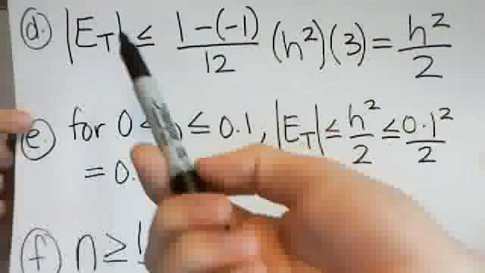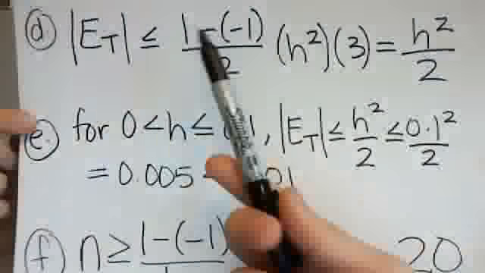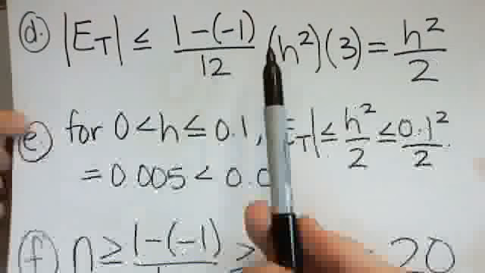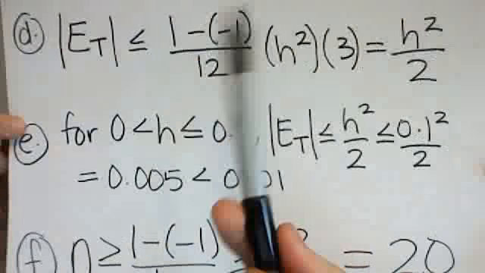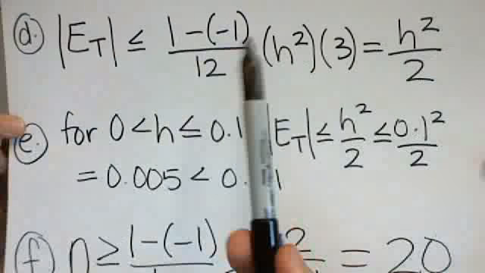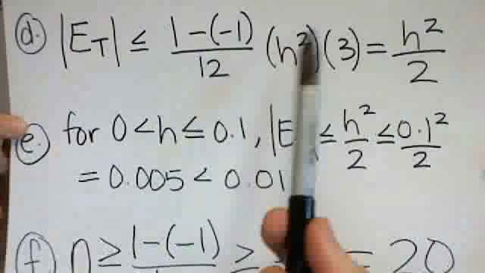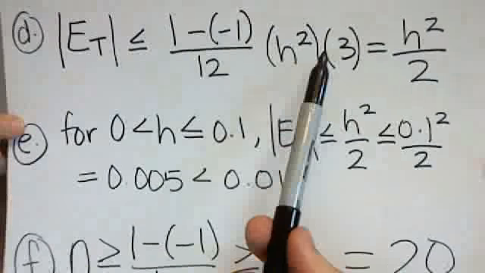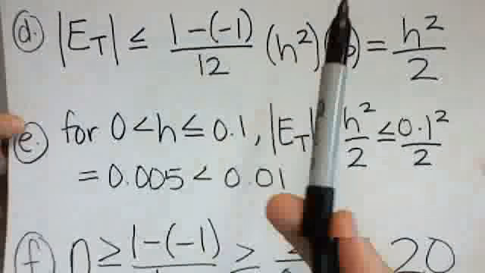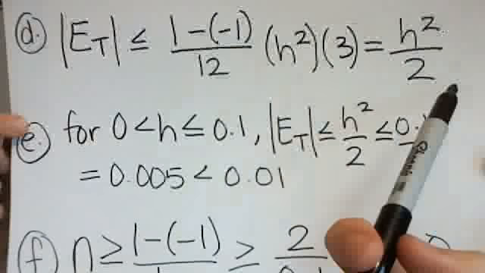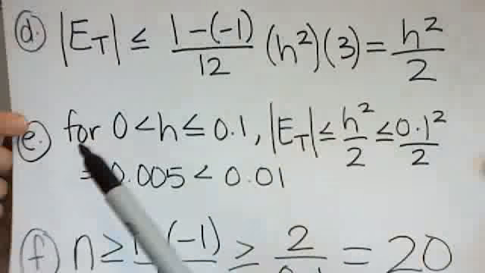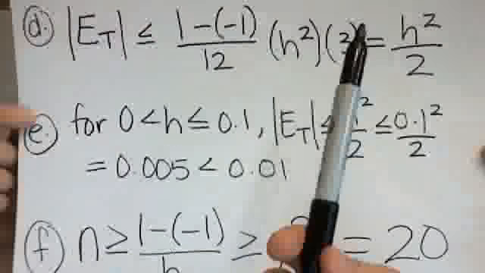So once you plug all of these values in, you get 1 minus -1, which gives you 2, all over 12, h squared from the equation, and that's the m value, 3, which equals h squared over 2 once you simplify it. And that's the answer for part D.